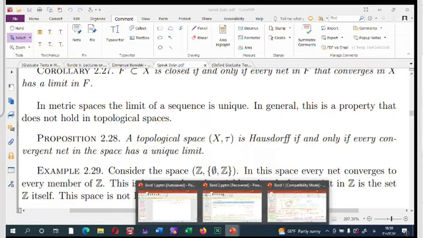So we have three conditions: 1, 2, and 3.